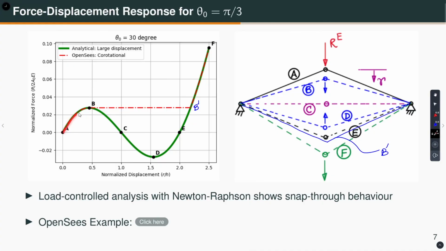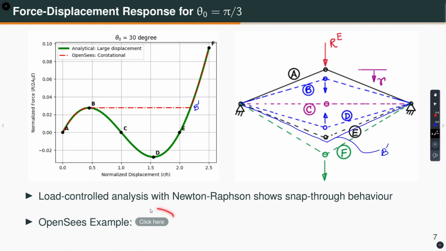Okay. On the other hand, if I do the same thing in a computer program, try to analyze the structure using a load control technique, then I will show you that actually you will be getting this response, which is called snap through behavior. It is snapping through from this configuration to that configuration.